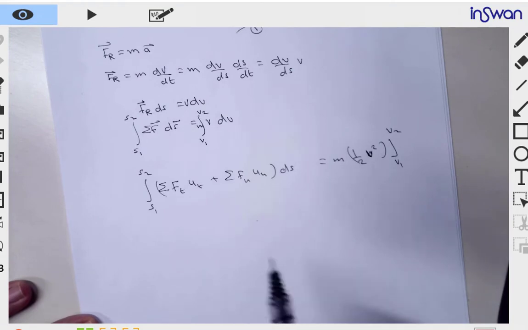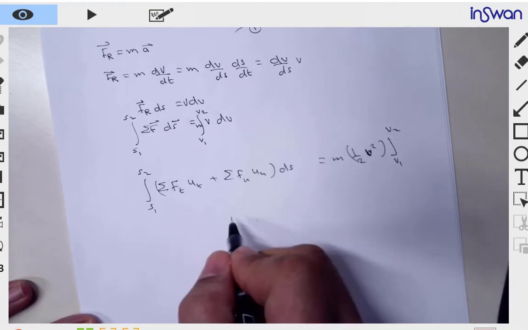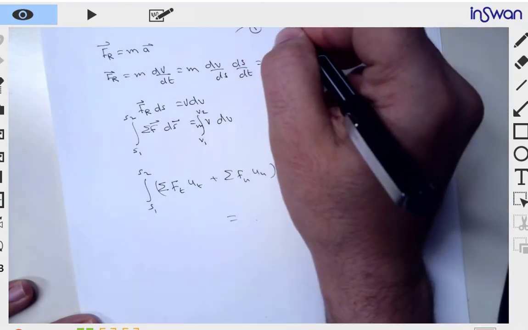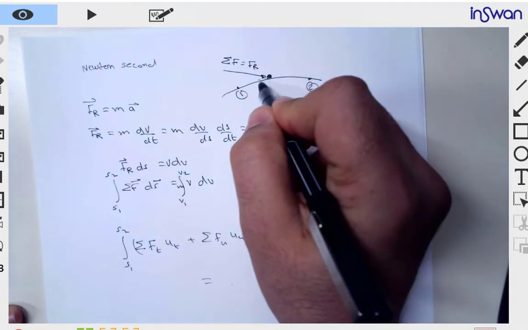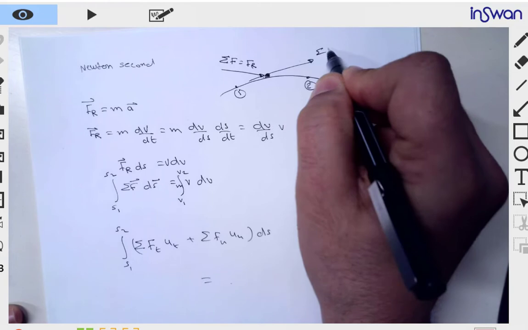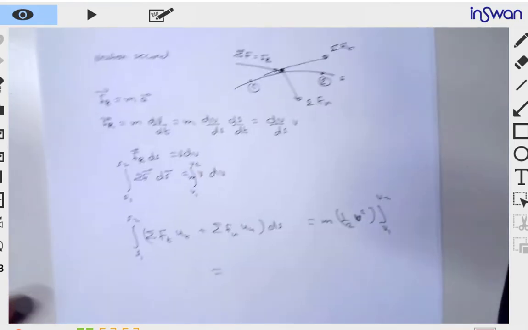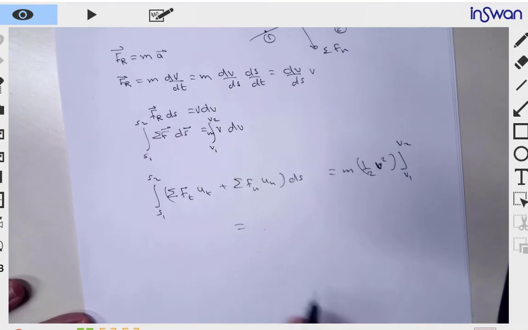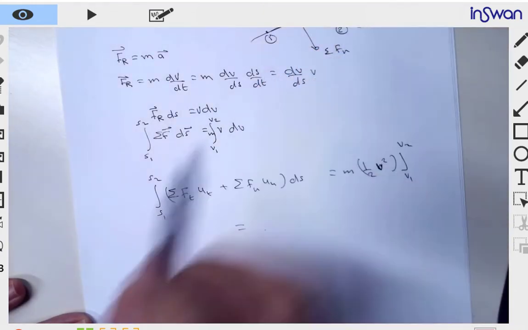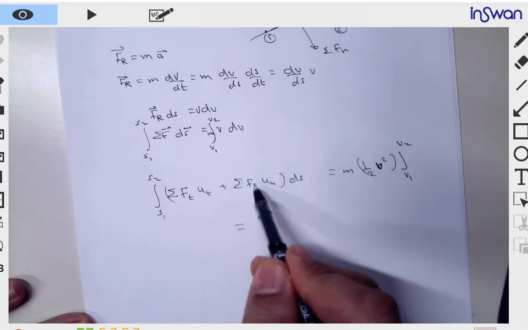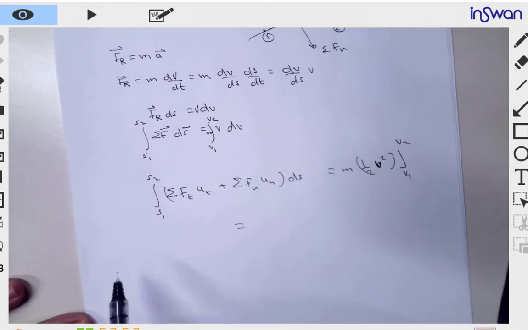Great. What does it mean? Well, I'm going to decompose that into two parts. One, summation of forces tangential, and the other is summation of forces normal. And this is the path of motion, right? So the work of a force normal to the motion is 0.